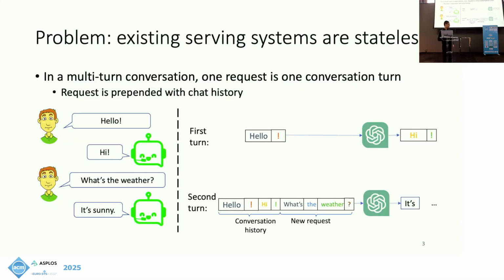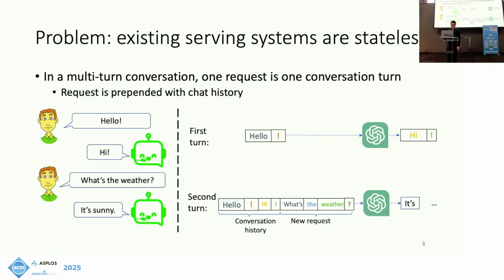So in this example, you will have this concatenated input for the second turn here. So we found that existing systems back in 2023 when we started this project were stateless. As a result, they couldn't work well under this scenario.